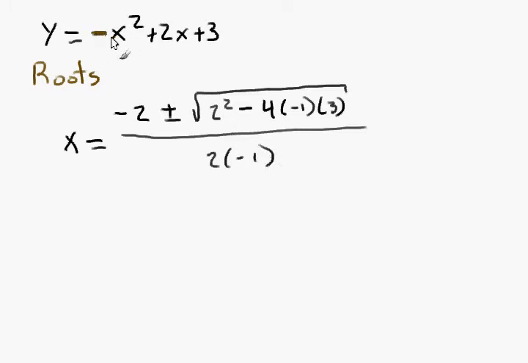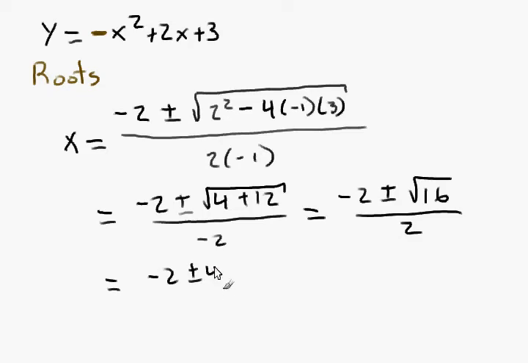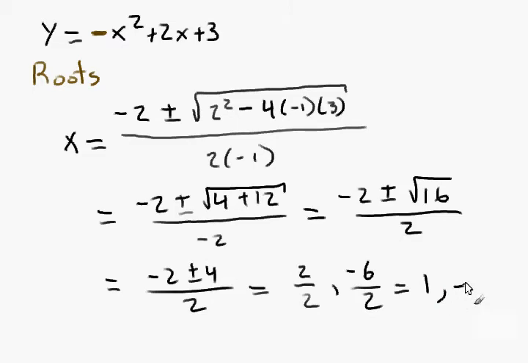Can't forget that negative. So this is equal to -2 plus or minus the square root of 4 plus 12, over -2. We'll just keep simplifying here. So this is -2 plus 4, 2 over 2, and -2 minus 4, minus 6 over 2, which is 1 and -3.